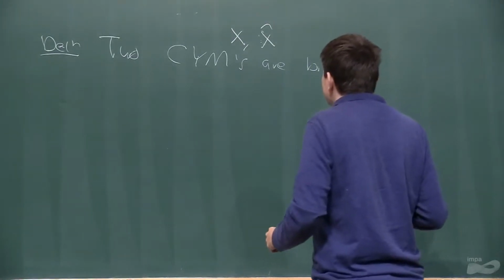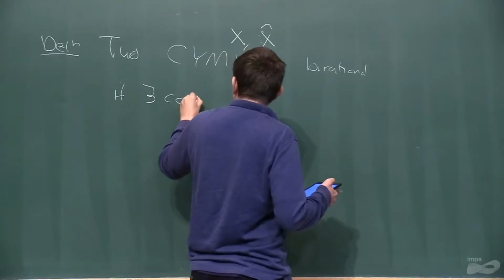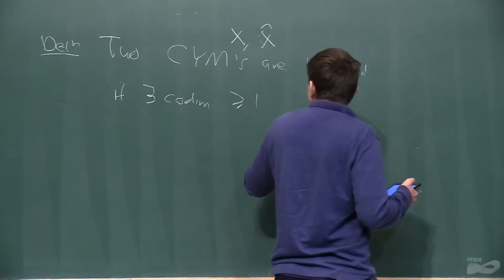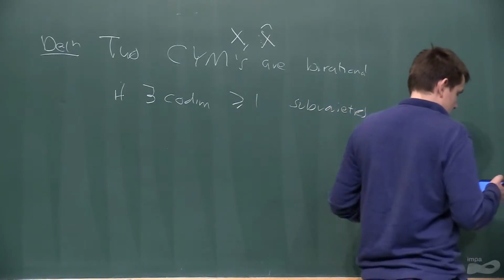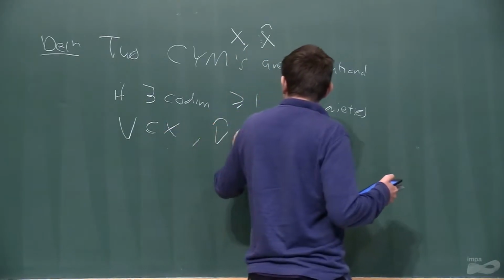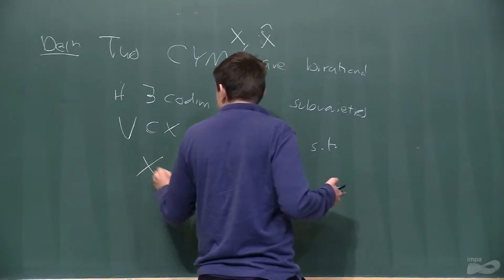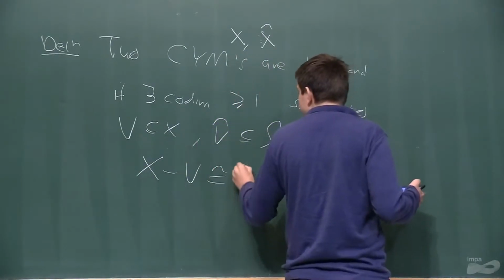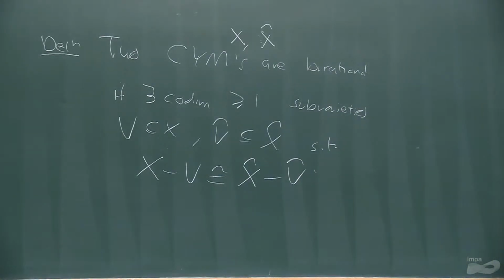So they're birational if there exist codimension greater than or equal to 1 subvarieties, say V in X, V hat in X hat, so that X minus V is algebraically isomorphic to X hat minus V hat.